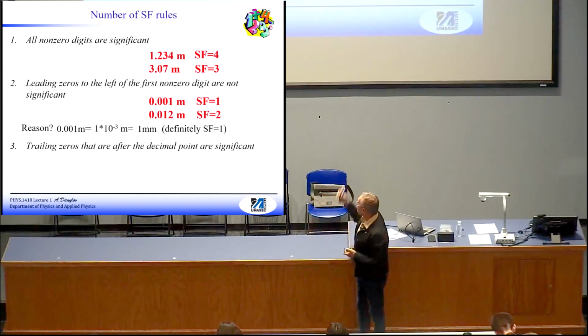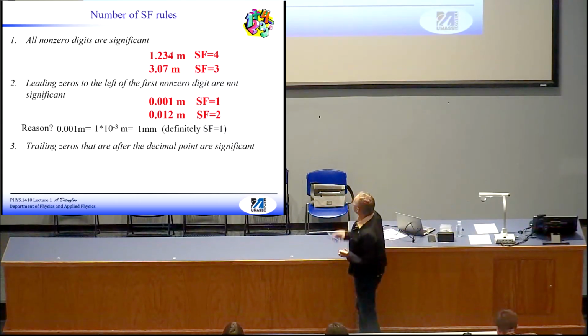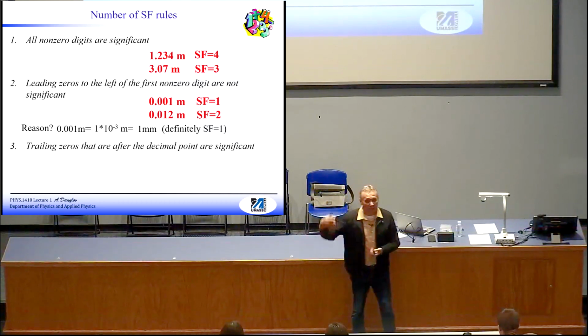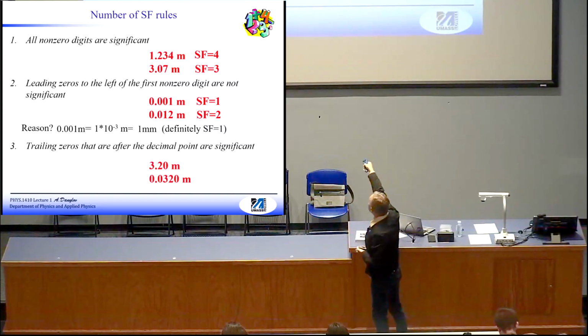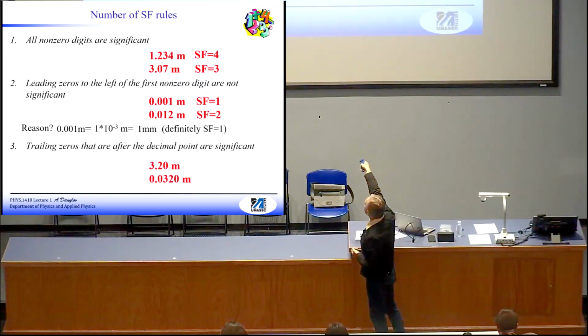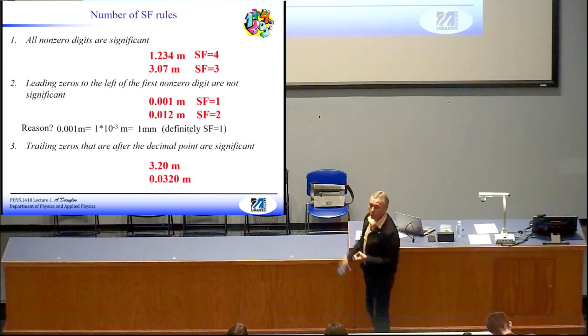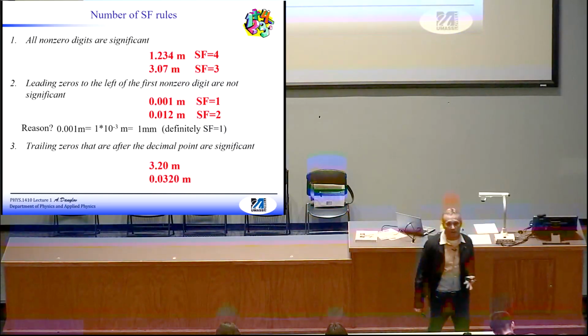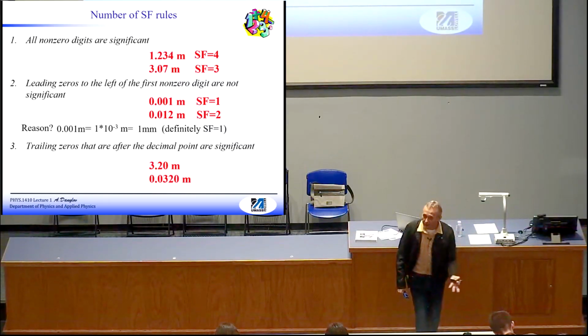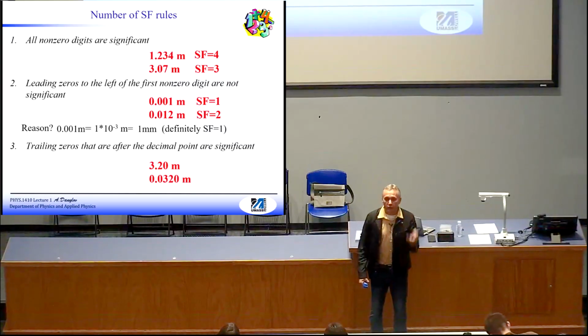And now this rule shouldn't be surprising for you because essentially we discussed this case a couple of slides ago. Those zeros, you see, for example, 3.20, you see trailing zero at the end of the number after the decimal point, and you remember why we added that zero, because we want to emphasize the level of uncertainty of this number.